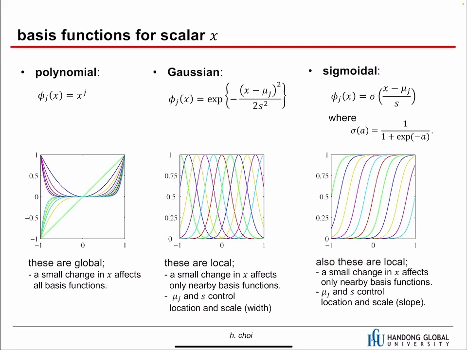And in the previous slide, I just talked about this polynomial basis function, but that's not it. We can think of many other basis functions like Gaussian and sigmoidal functions. I think you're already familiar with this Gaussian equation, and the sigmoidal function looks like this.